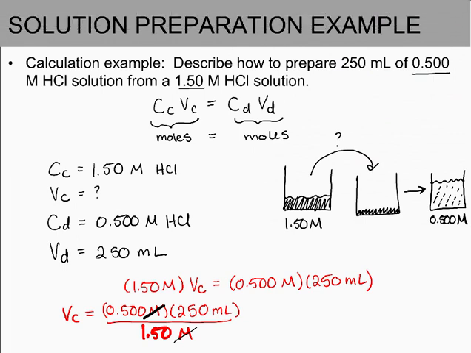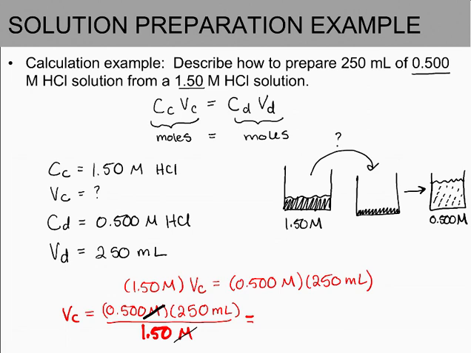And that's what we want. We just want to figure out the volume of the original solution that we're going to use. So we don't have to convert milliliters to liters. If you do convert milliliters to liters, it's not going to mess up your calculation. It's just an extra step that we don't necessarily have to do for this particular problem.